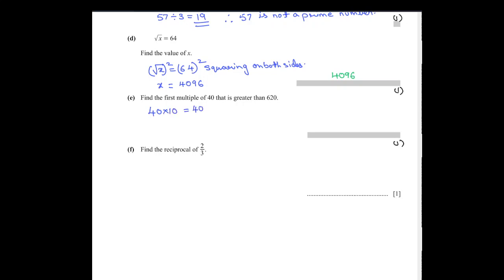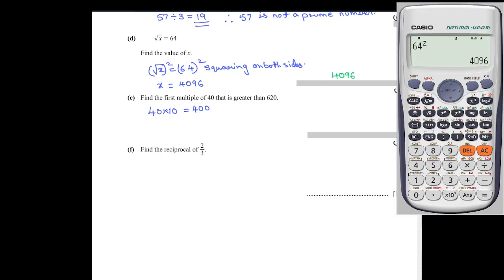You know it is 400. So you should go 11s are 440, 12s, what is 40 into 12? 480, 13 and so on.